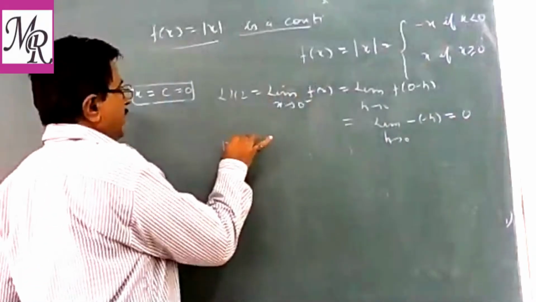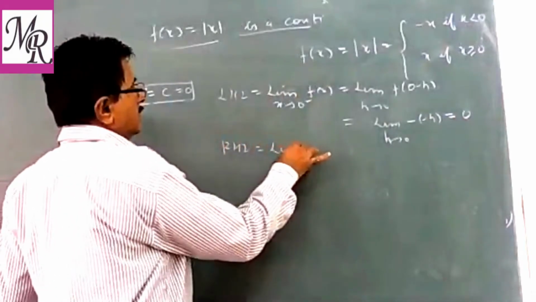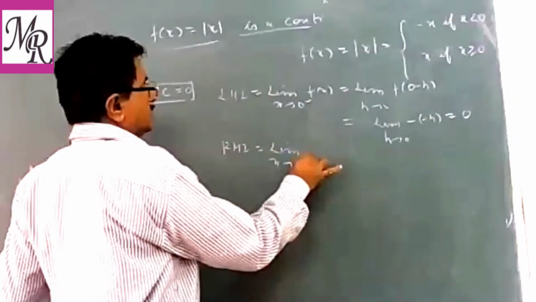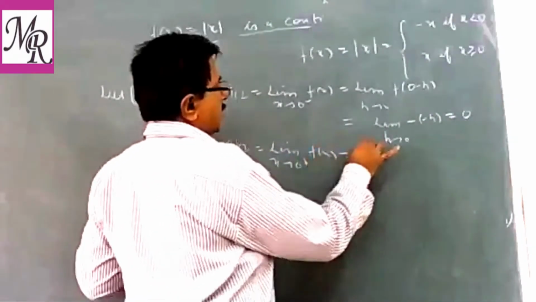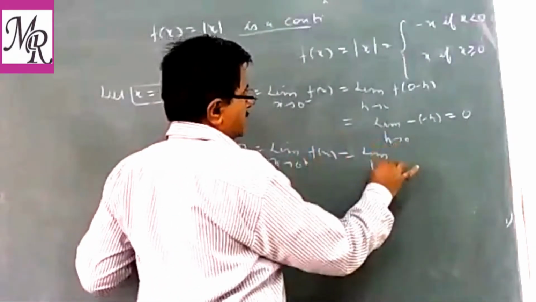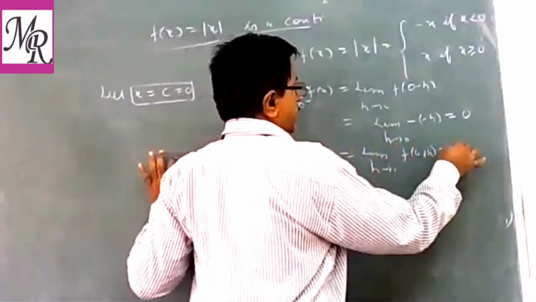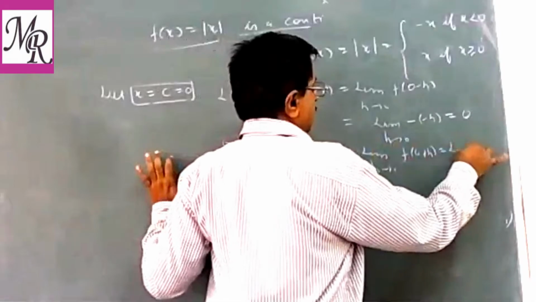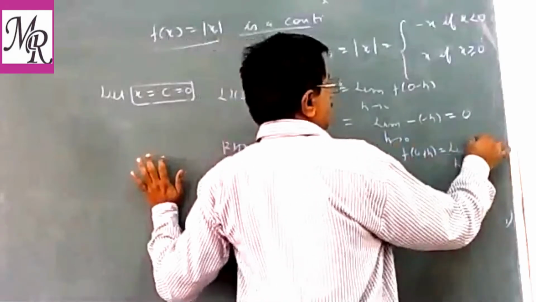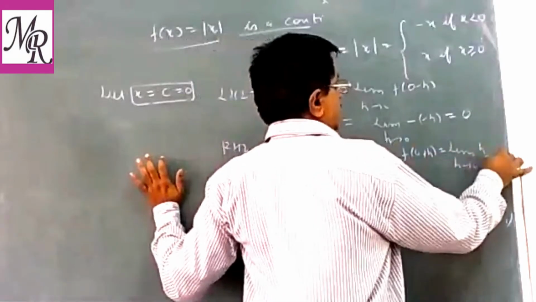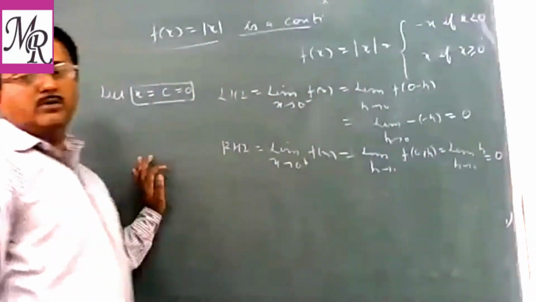Similarly, you can find right hand limit. So limit x tends to 0 plus f(x), or limit h tends to 0 f of 0 plus h. That is limit h tends to 0 of h, which is also 0. So here both are equal.